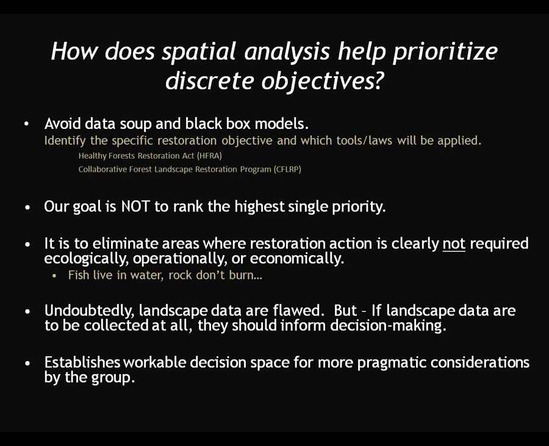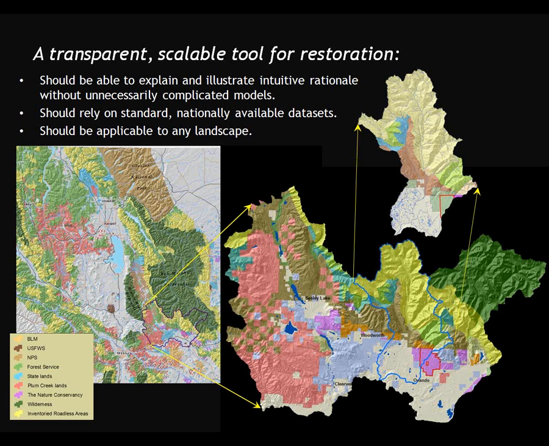A couple more considerations: we want these tools to be consistent so that we can apply this type of approach to any landscape. That's one of the valuable parts of this work. We've done this work here in Montana and Idaho, but we're not relying on any uniquely locally available data sets.